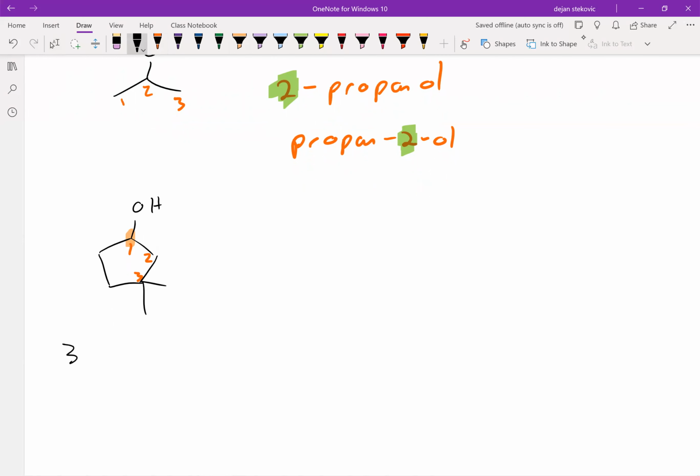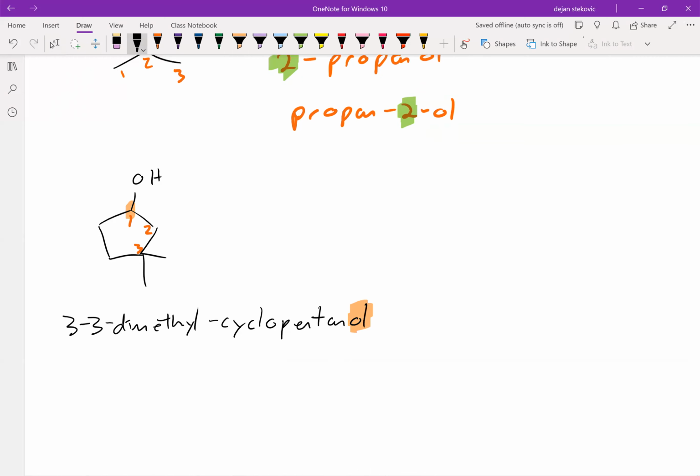So we could name this as 3,3-dimethyl, because there are 2 methyls on the 3 position, and then cyclopent, because it's cyclopentane. And then we just add an all at the end for the alcohol. Note that we don't have to say it's in the 1 position. That much can be assumed.